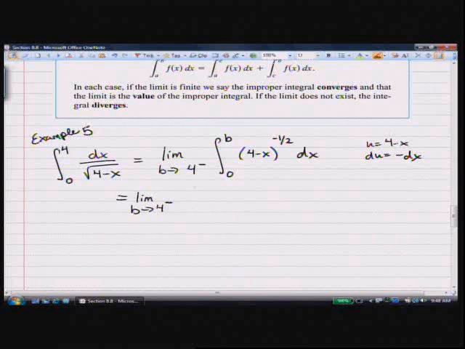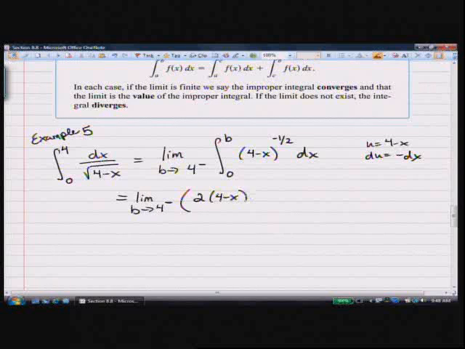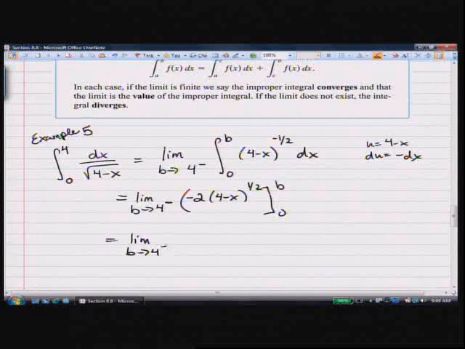Okay. So what we'll say here is our u was 4 minus x to the positive 1/2, and we have a negative from the u substitution. All right, and we're going to evaluate that between 0 and b. So we're going to look at the limit as b approaches 4 from the left of negative 2 times 4 minus b to the 1/2 power.